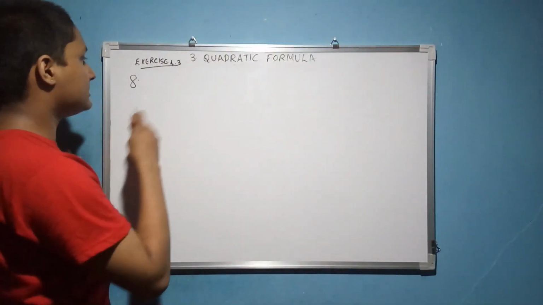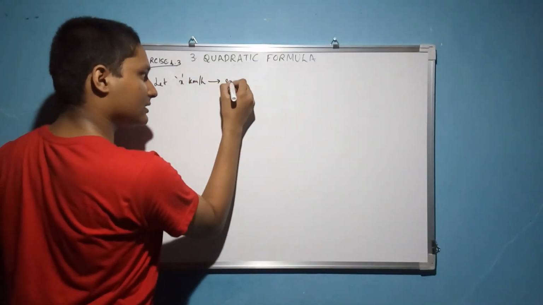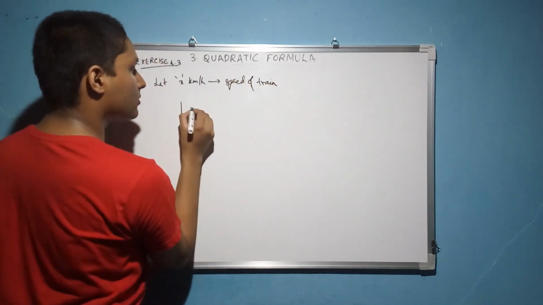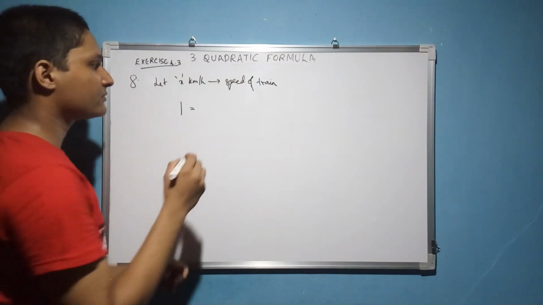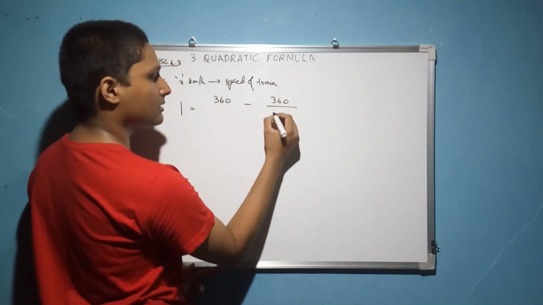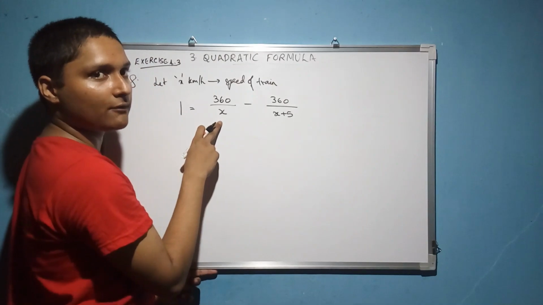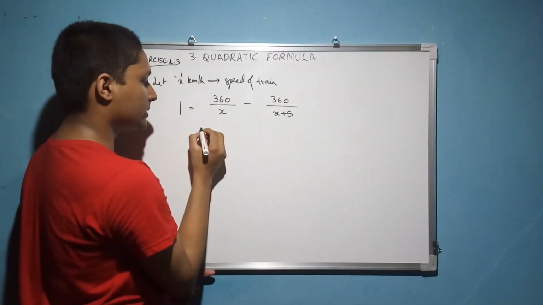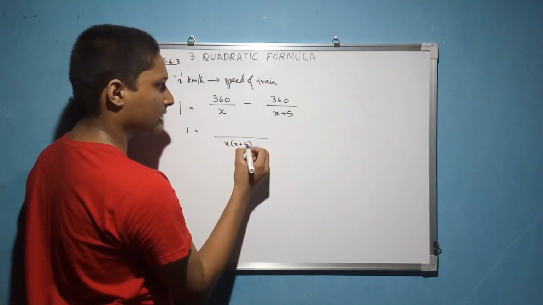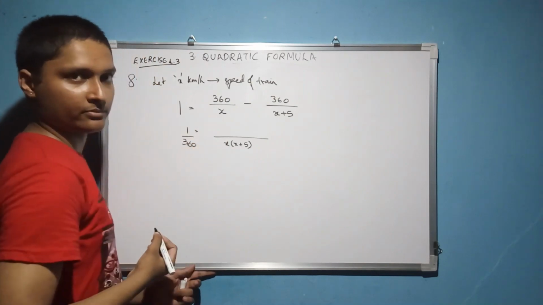Okay, so let x km per hour be the speed of the train. It is given 1 hour less if it travels the distance with a speed of x plus 5. If it was x, it would have taken 1 hour more than this case. So we'll take 1 is equal to 360 by x minus 360 by x plus 5, and as 360 is common, we'll take it out.